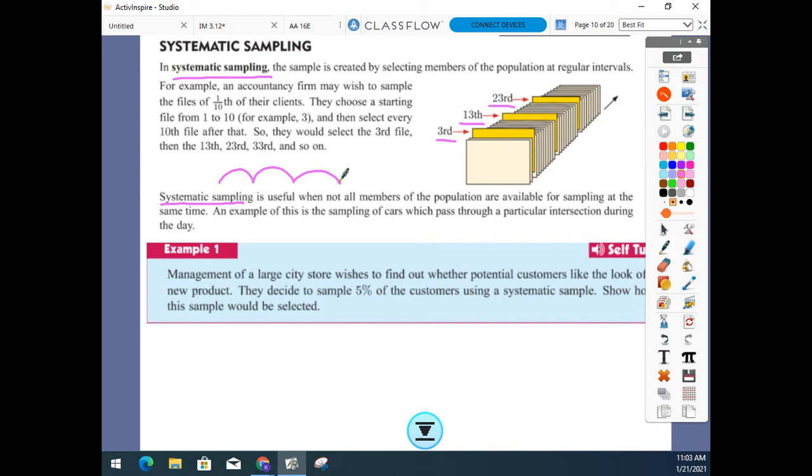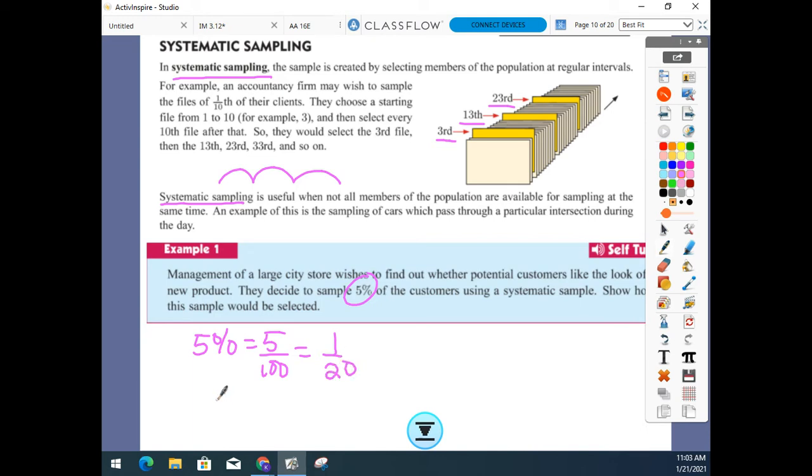Okay, so management of a large city store wishes to find out whether potential customers like the look of a new product. They want to sample 5%. So let's think about that. 5% is 5 out of 100, which is 1 out of 20 people.